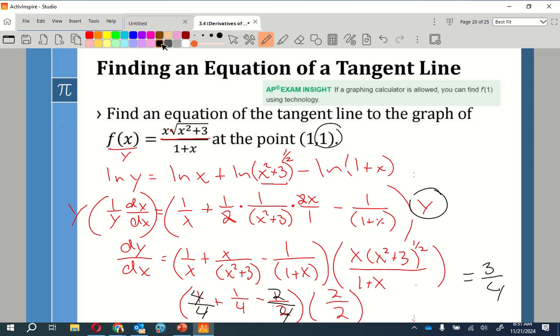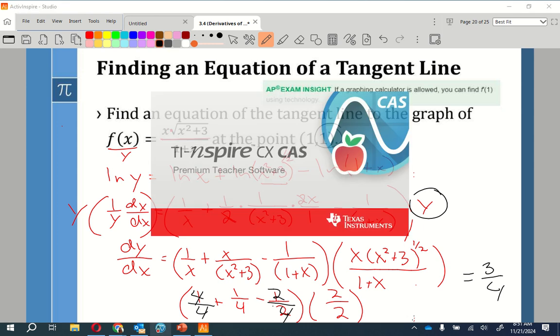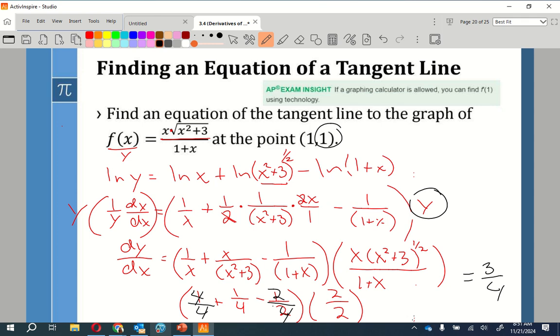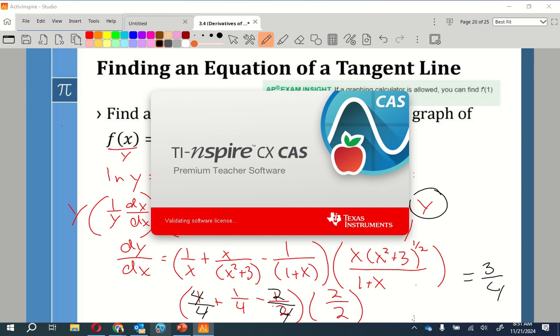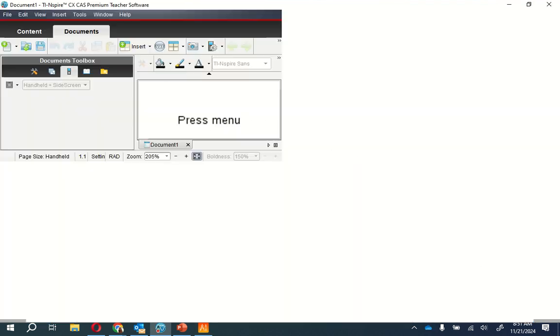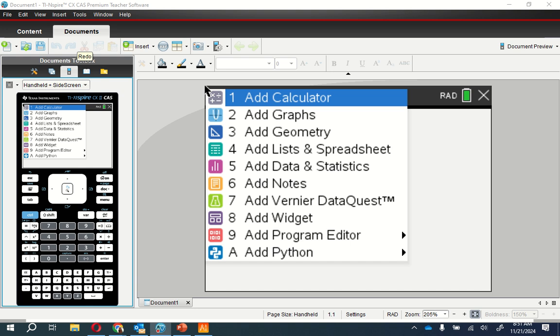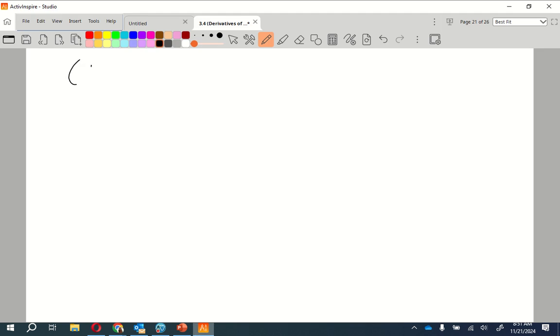Now let's check our calculator, because this says calculator. So my tangent line, I have 3 over 4. This one should be pretty easy here. Y minus 1 equals 3 over 4, quantity x minus 1.